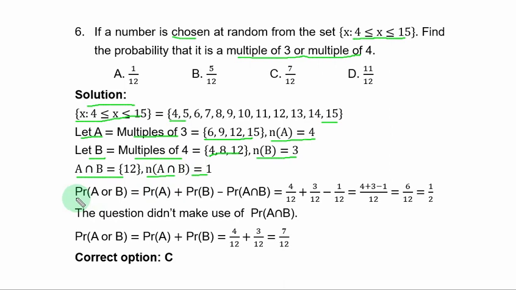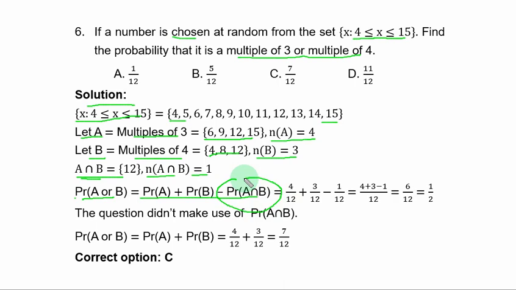So the probability of A or B is expressed in this form from the concept of set theory. Now, if the intersection is an empty set, this term becomes 0. So you always do a check.